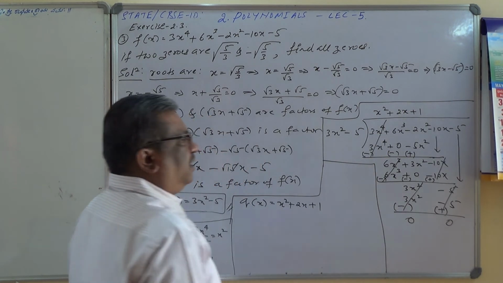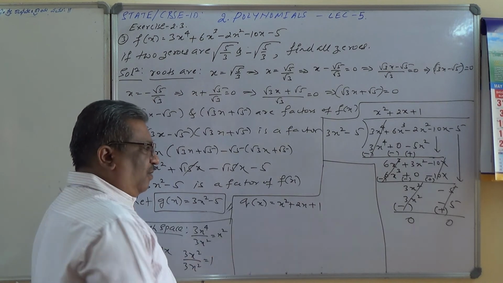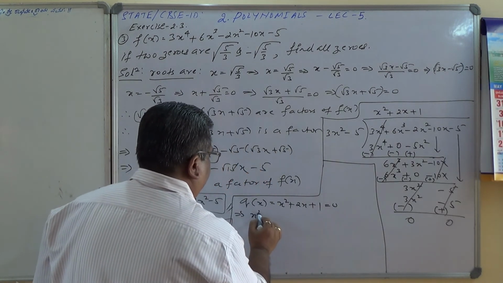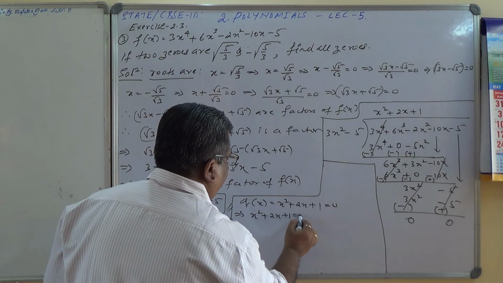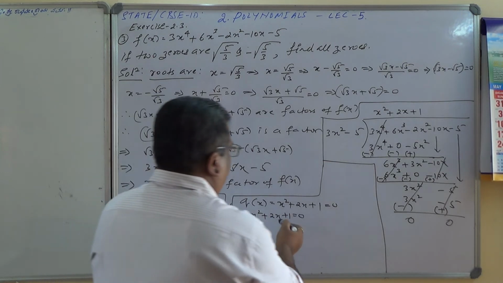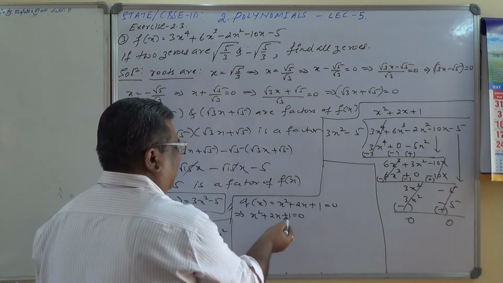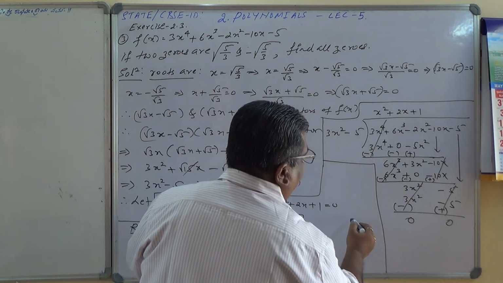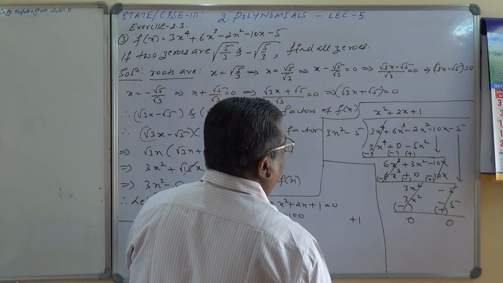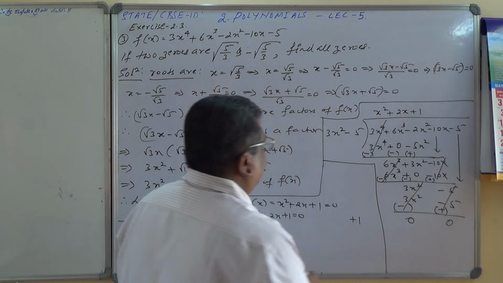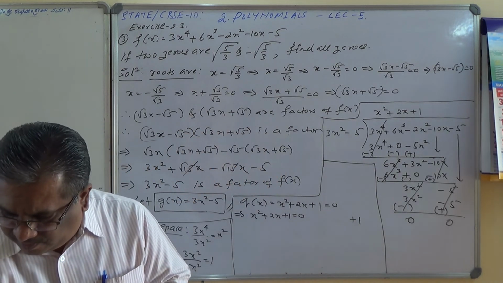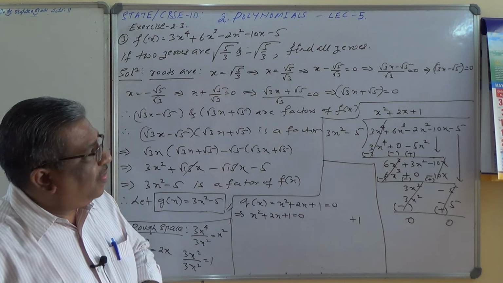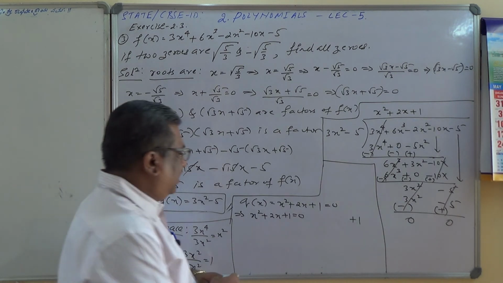In order to find out the zeros, I have to set the quotient equal to 0, and therefore x square plus 2x plus 1 equals 0. So how do you find out now? It is 2x here, and 1 into 1 here, I should get plus 1, and let me check whether the quotient is correct. Then x square plus 2x plus 1, it is correct.